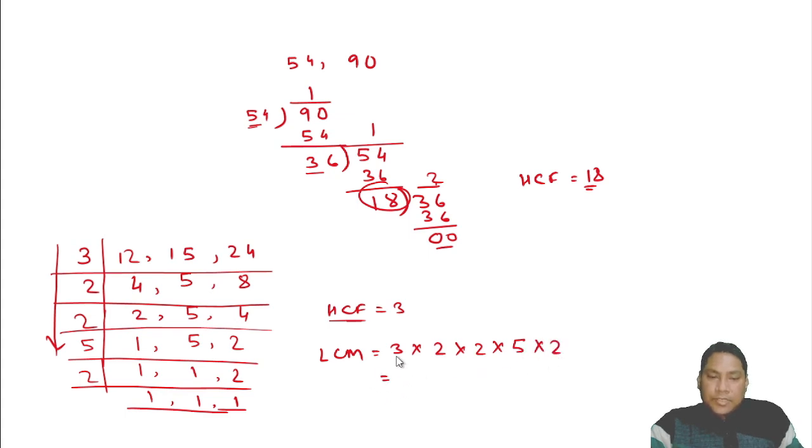Now we will multiply 3 and 2, 6, 12, 12 5s are 60, 60 2s are 120. 120 is the LCM of 12, 15 and 24. This is the prime method to take out the HCF and LCM of any numbers. So we will do the sums according to this method only. Now we will solve some questions and understand the chapter better.